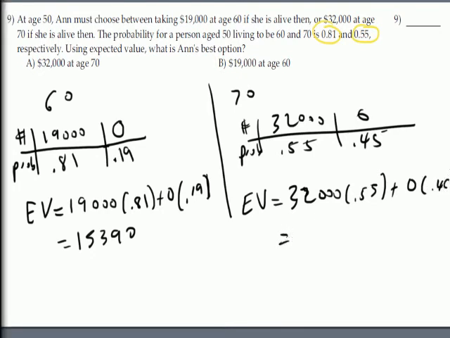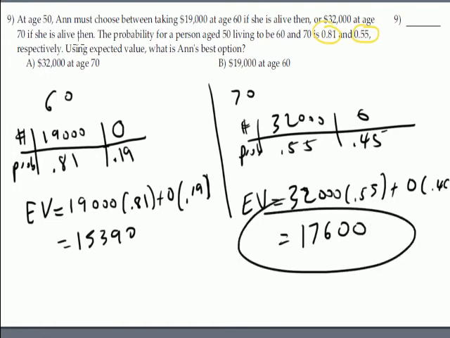Plugging that into my calculator gives me 17,600. In the context of this problem, I want the one with the higher number, so I'm going to want to take the payout for age 70.